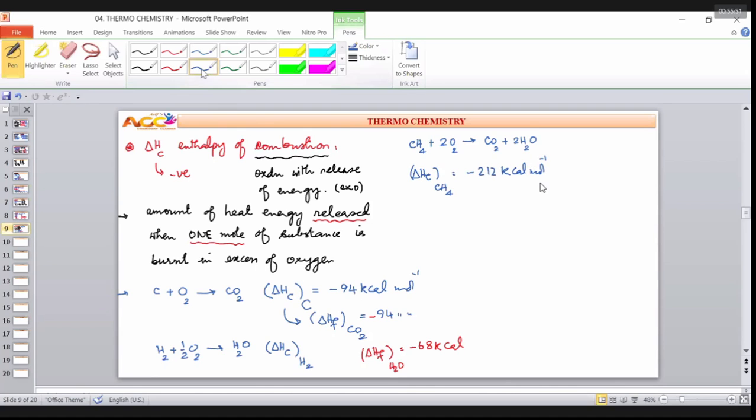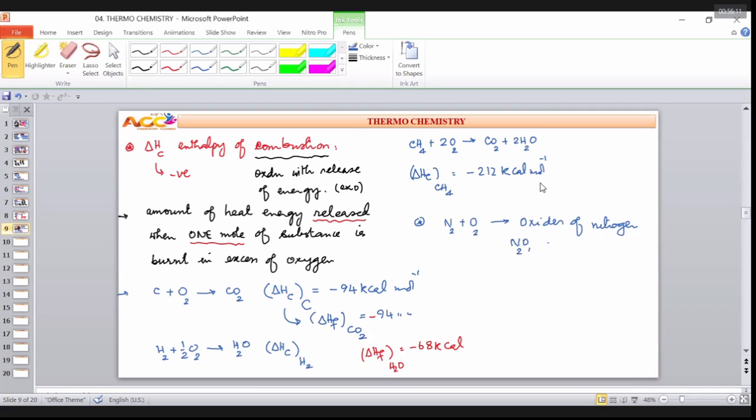Last 1 minute is left. Let us enjoy a typical beautiful example. N2 plus O2 gives you oxides of nitrogen under different conditions. Oxides of nitrogen, who are those fellows?